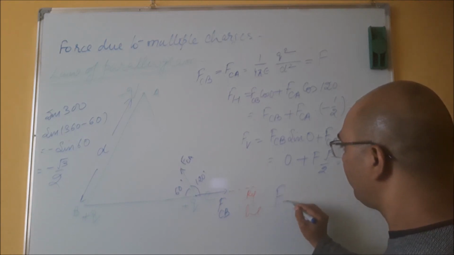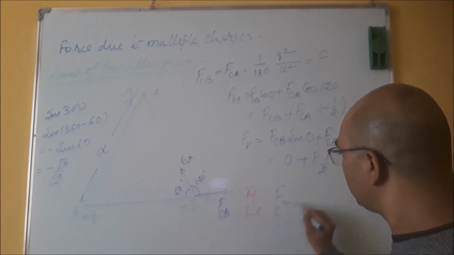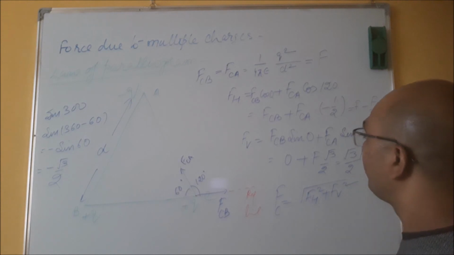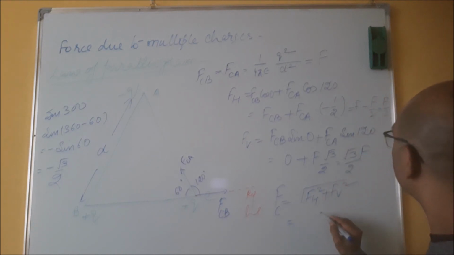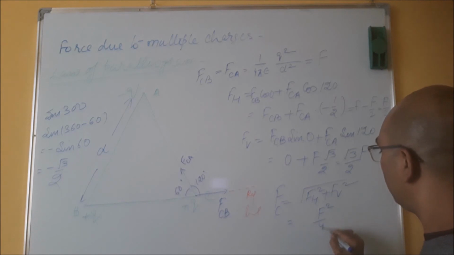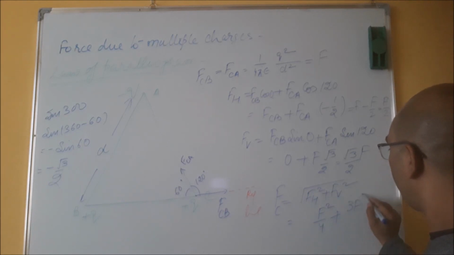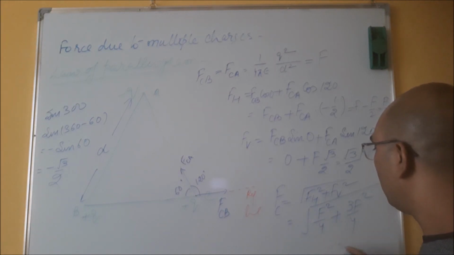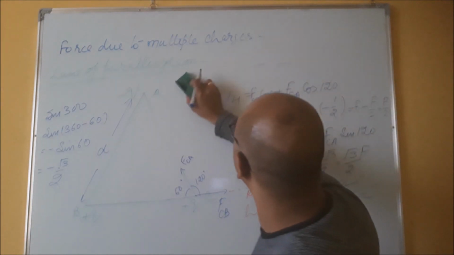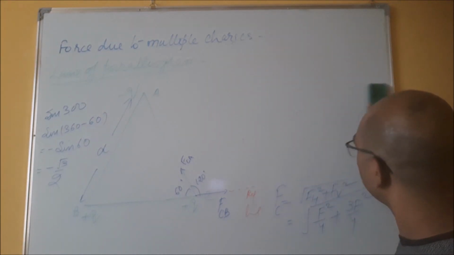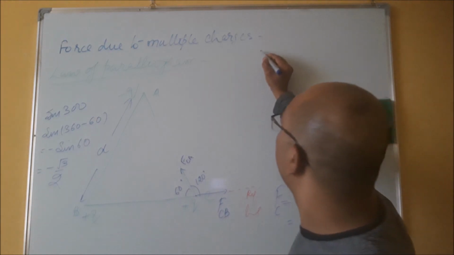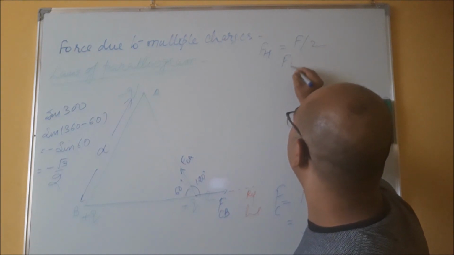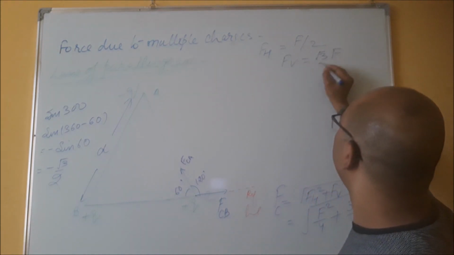So what will be the final F at point C? Under root FH square plus FV square. If I put the values, F square upon 4 plus 3F square upon 4. FH is F by 2 and FV is root 3 F by 2.